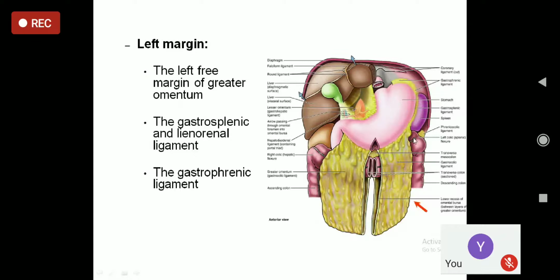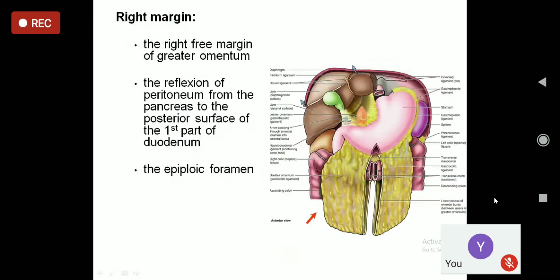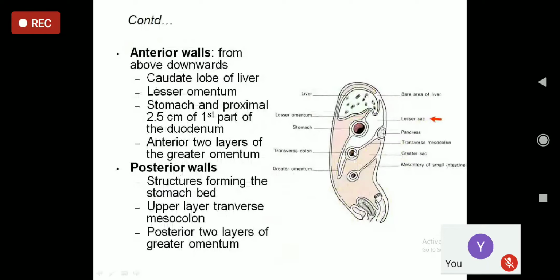And the left margin is formed by the left free margin of the greater omentum, the gastrosplenic and lienorenal ligaments, the reflection from the stomach to the spleen and to the kidney, and the gastrophrenic ligament here. So this is the front, behind, upper margin, lower margin, right, and left margin.